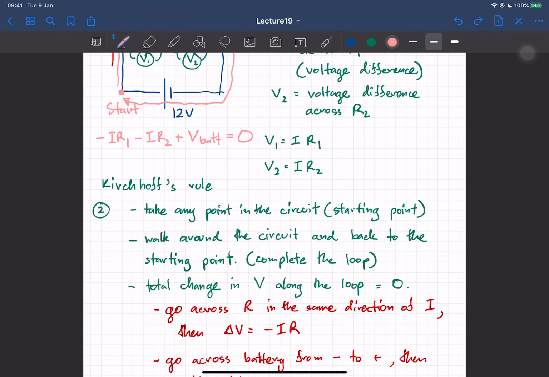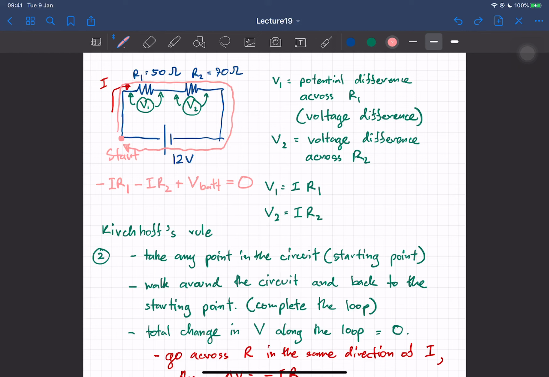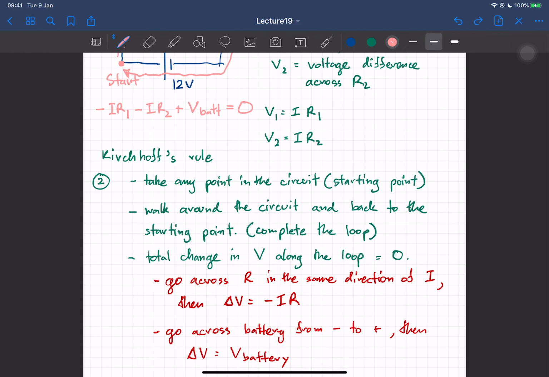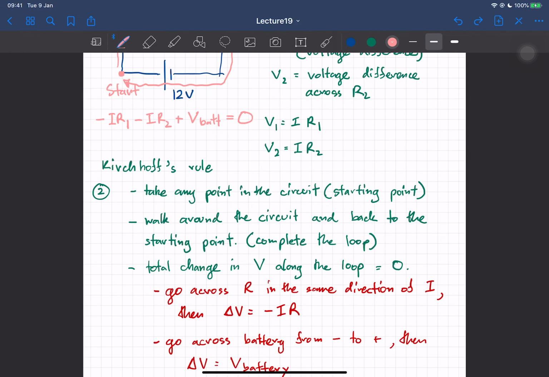So if you start from here but go in the opposite direction, counterclockwise instead of clockwise, you're going to get minus V battery plus IR2 plus IR1 equal to 0, which is the same equation. It doesn't matter which way you walk, as long as you stick to this rule, the answer is going to be the same.